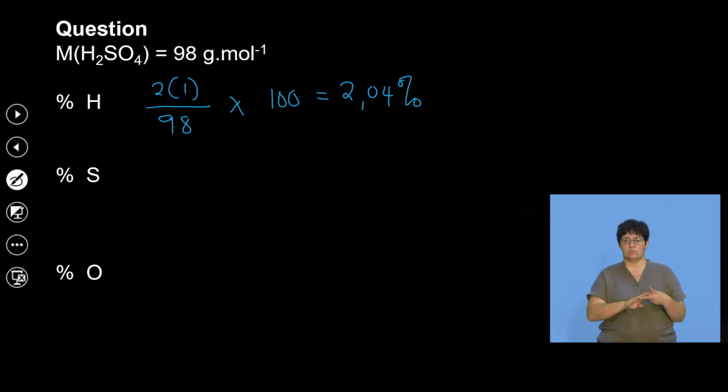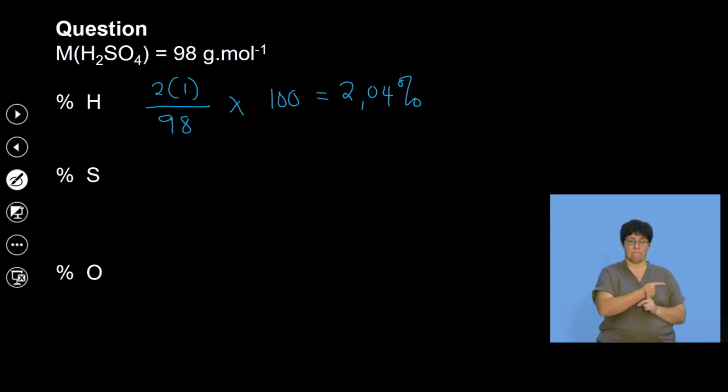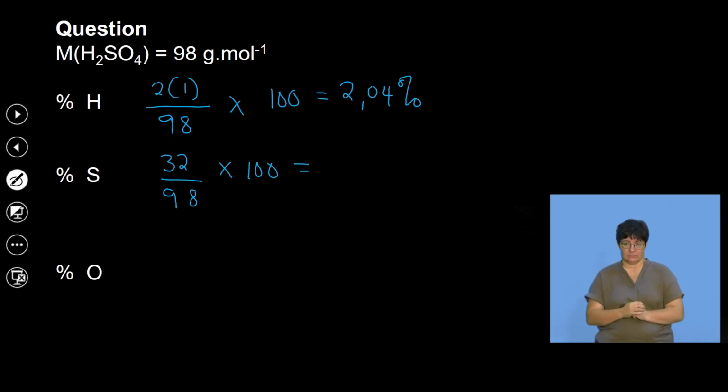What about sulfur? The molar mass of sulfur, we can just verify, is 32. We got that from the periodic table, and there's just one sulfur. So it's going to be 32 over the total, which is 98, multiplied by 100, and that will give us the percentage.